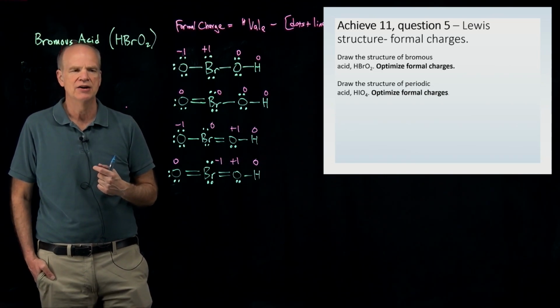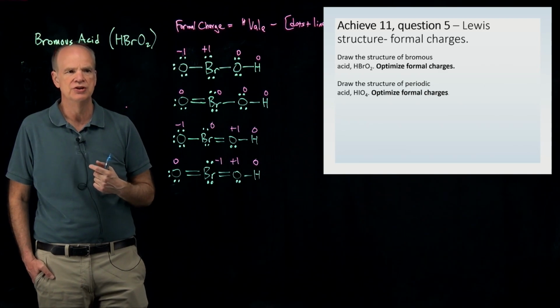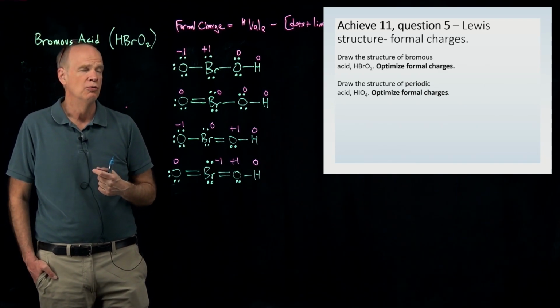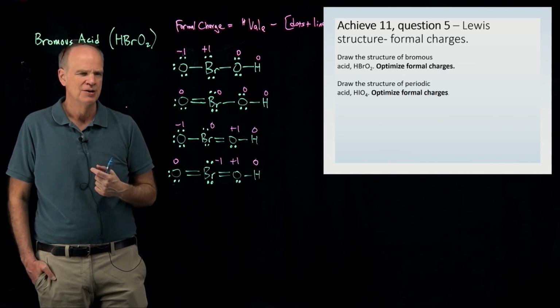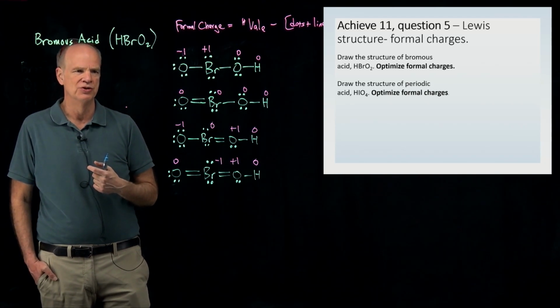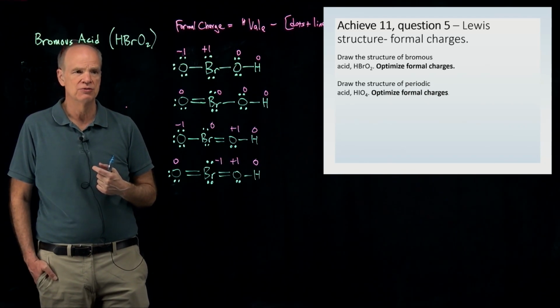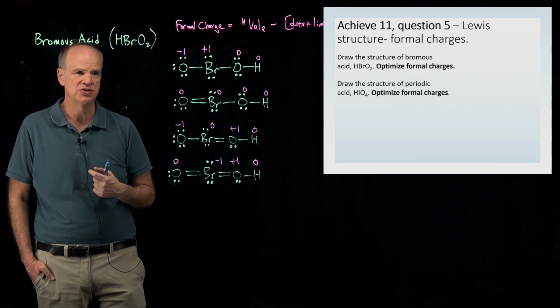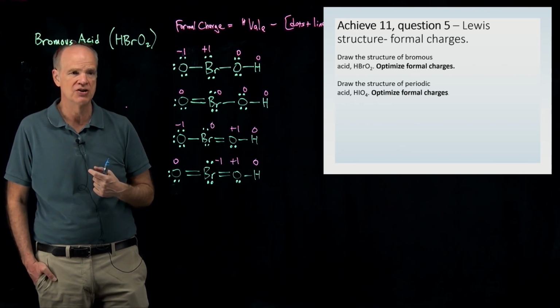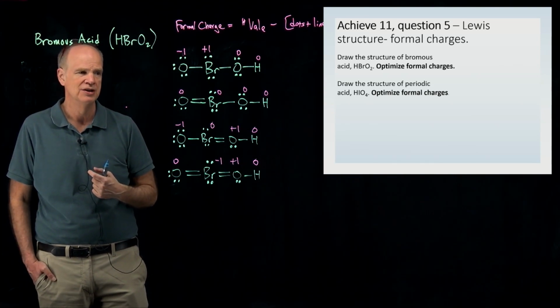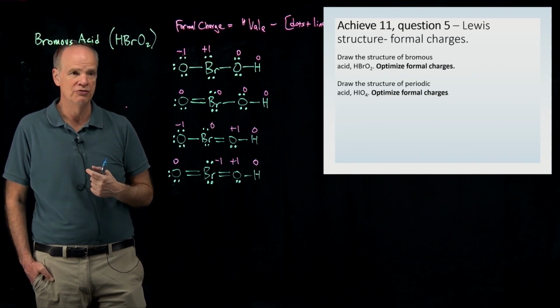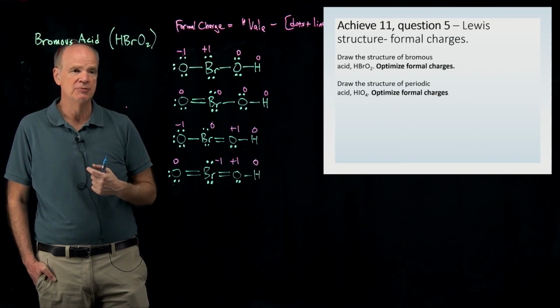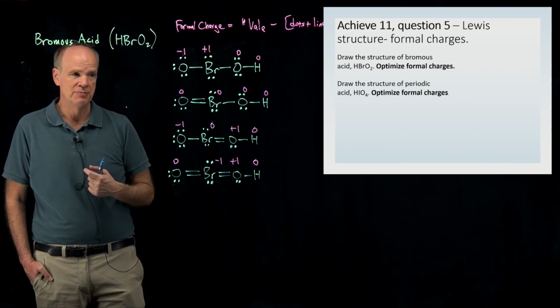So there are a lot of rules that you should know for discriminating which Lewis structure is the best one, but perhaps the most basic rule is the Lewis structure where the atoms have no formal charge compared to Lewis structures where there are some kind of formal charges like -1 or +1. The ones with no formal charge, in other words, the atoms have 0 formal charge, those are the best ones.